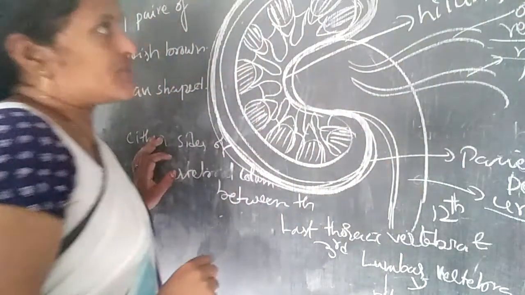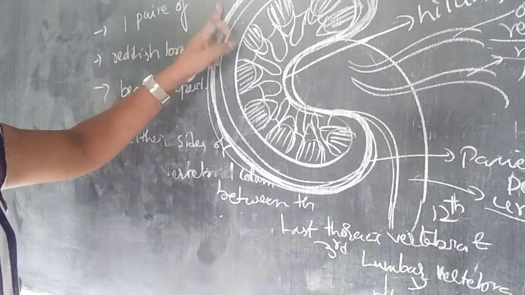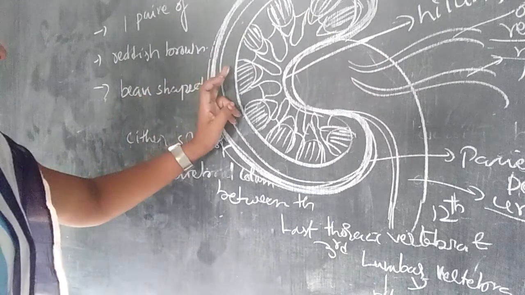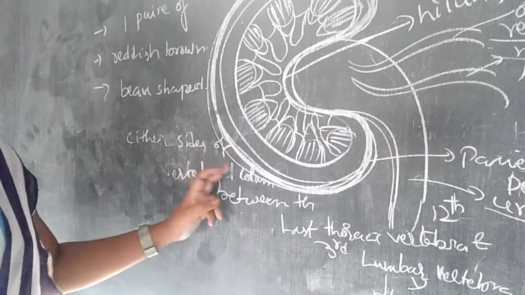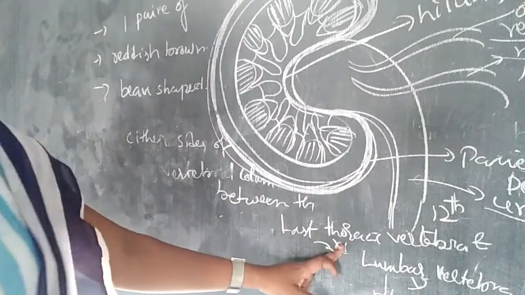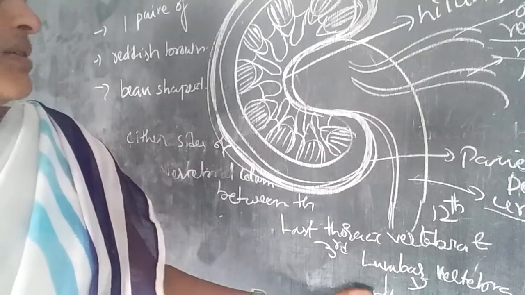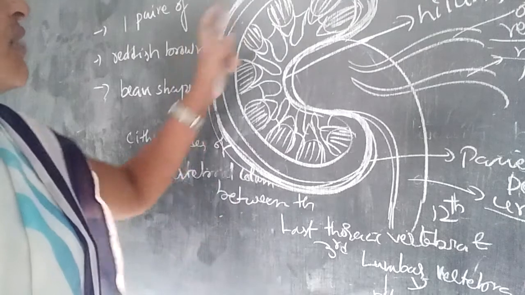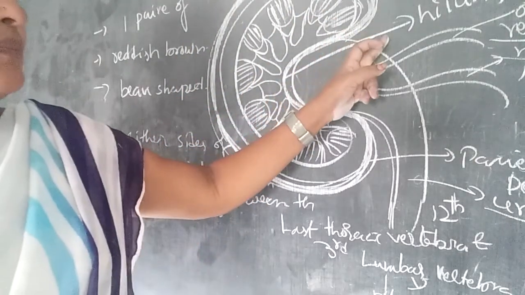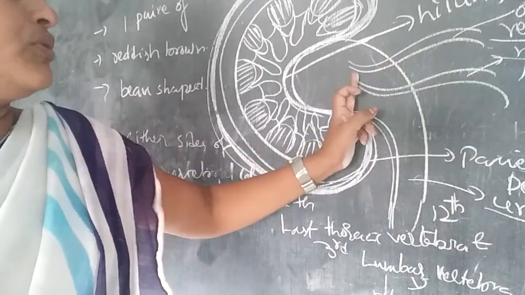So this is the external structure of the kidney. One pair of kidneys, reddish brown in color and bean-shaped, present at either side of the vertebral column between the last thoracic vertebra and third lumbar vertebra. The outer surface is convex and the inner surface has the deep notch, the hilum. Renal artery, renal vein, ureter and some nerves open into the hilum.